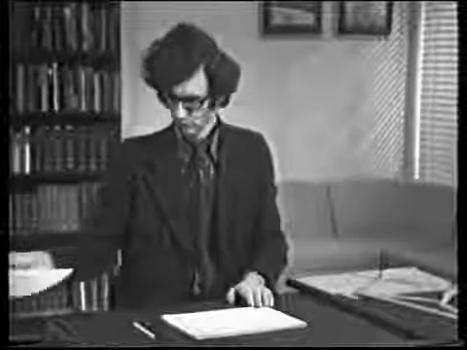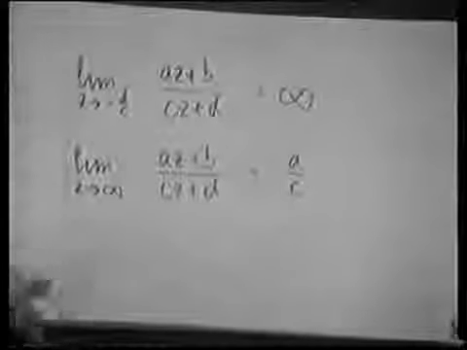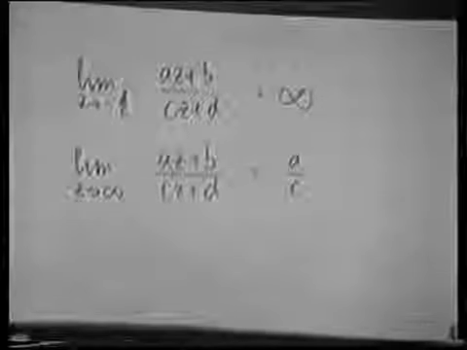Well, that we can do, and the following device is the way we do it. If we consider the bilinear transformation (az+b)/(cz+d), for which c is not equal to 0, and look at the limit as z goes to -d/c of (az+b)/(cz+d), then that's infinity.